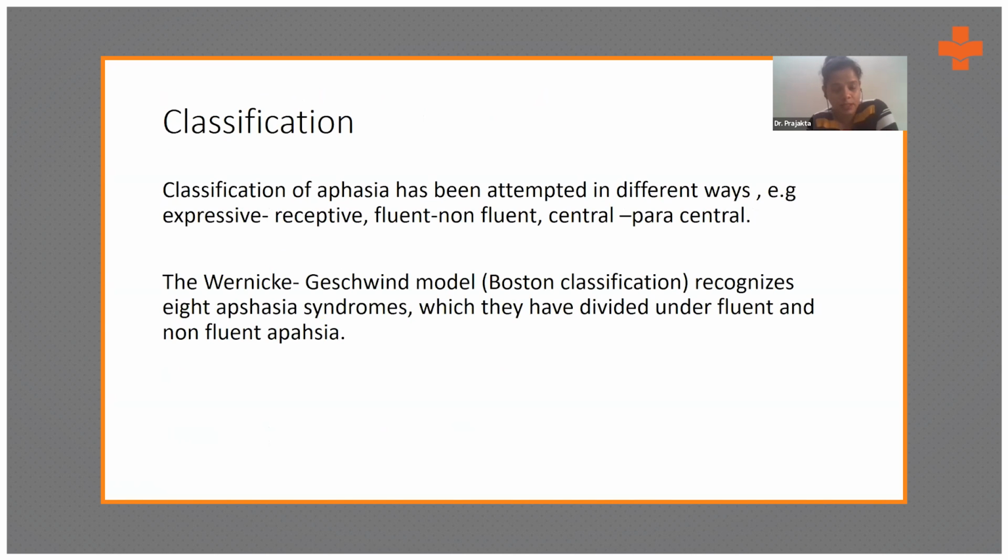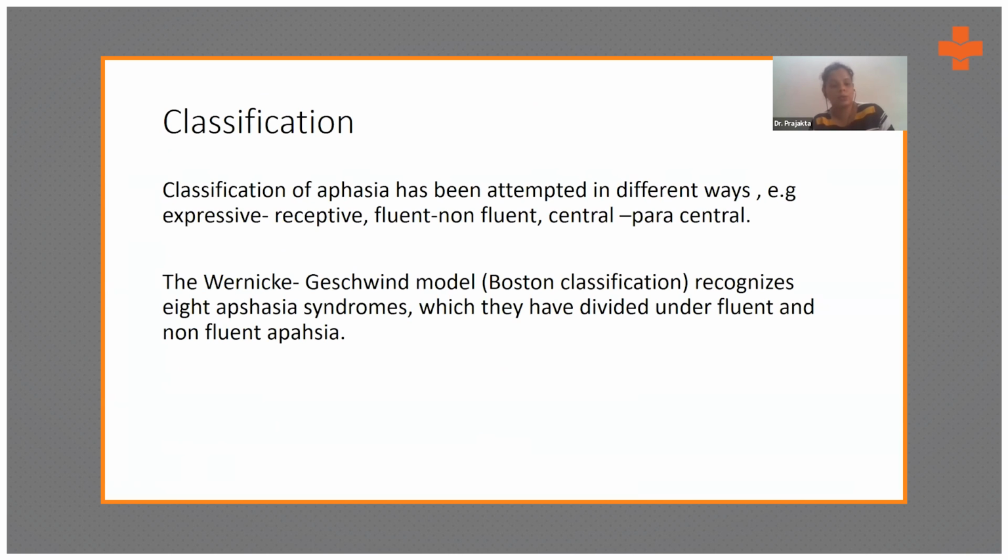Moving on to classification of aphasia. Classification of aphasia has been attempted in different ways, anatomically, pathophysiologically and others. What I read more of was differentiating expressive and receptive aphasia, fluent and non-fluent aphasia, central and paracentral aphasia.